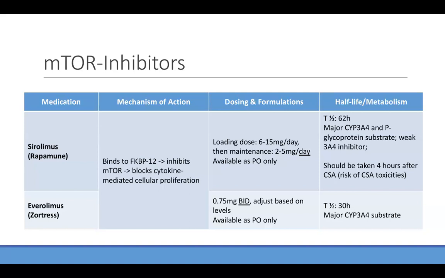But these really aren't our first line therapies. These are our alternative agents. For example, if you're trying to avoid, again, some nephrotoxicity of tacrolimus or cyclosporin, you can look towards the mTOR inhibitors along with our mycophenolate as well as our steroids. You can use that.